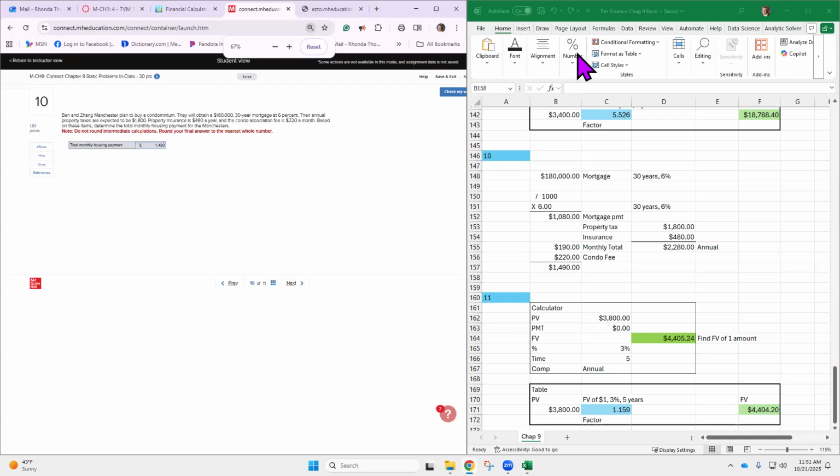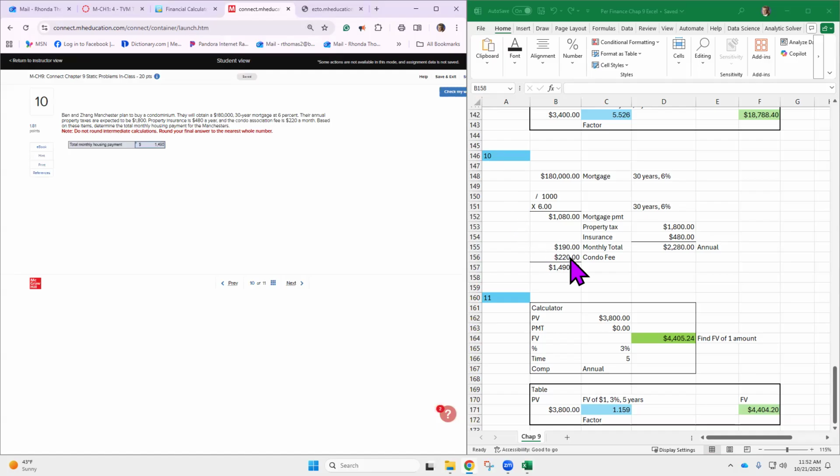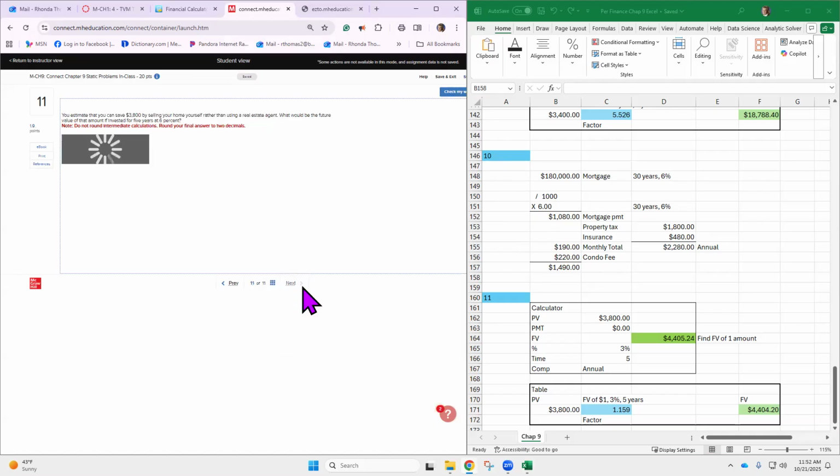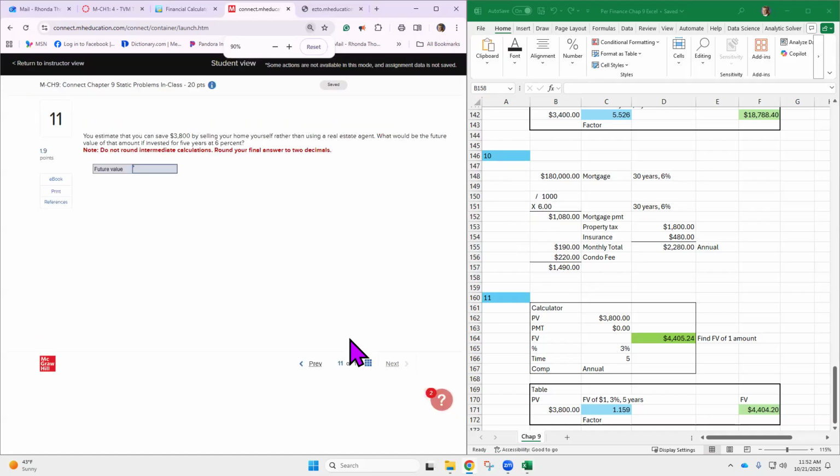That's the mortgage, but it's beyond the mortgage. It's also the condo fee they have to pay, and how much they have to pay a month for property tax and insurance.